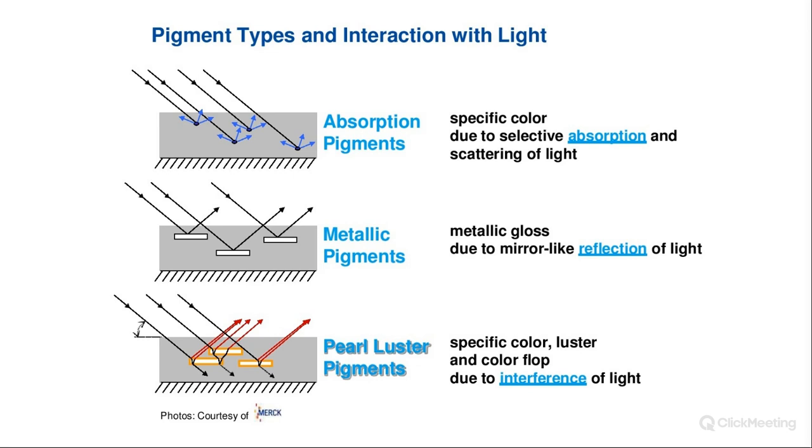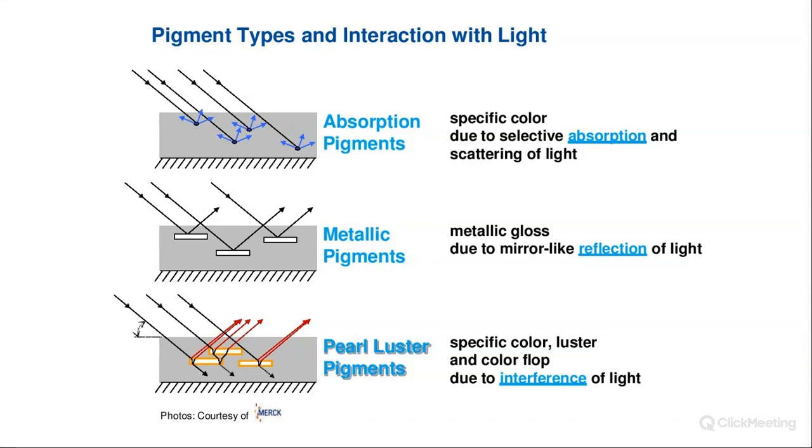Off the bat, we want to talk about the three different types of pigments. Everyone should be familiar with absorption pigments. When someone talks about a pigment, they're usually talking about an absorption pigment. It's a pigment that will absorb certain wavelengths and reflect back other wavelengths, and this is what gives objects their colors.